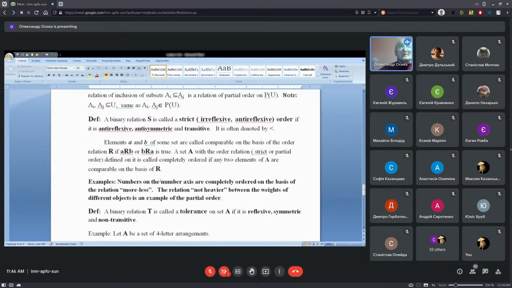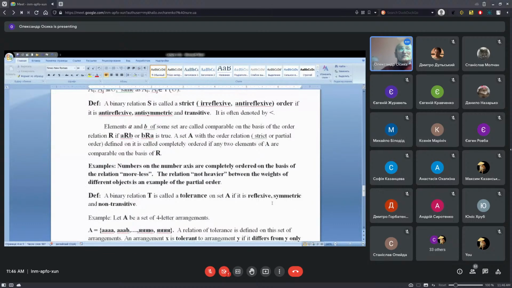Examples. Numbers on the number axis are completely ordered on the basis of the relation more or less. By more or less, it is a strict order. The relation not heavier between the weights of different objects is an example of the partial order.